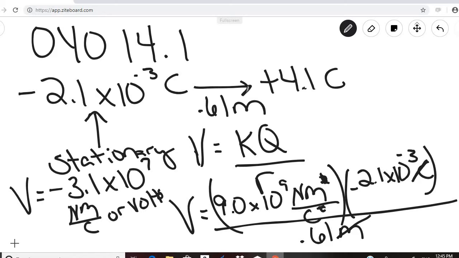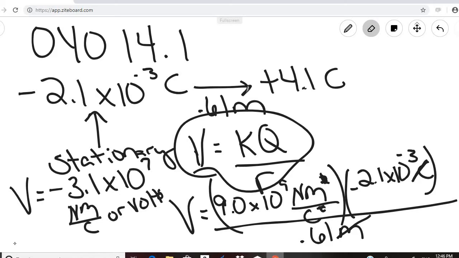Okay, so that's just a simple application of our equation for electric potential, remembering that you need to include the sign as well as the magnitude of the charge.